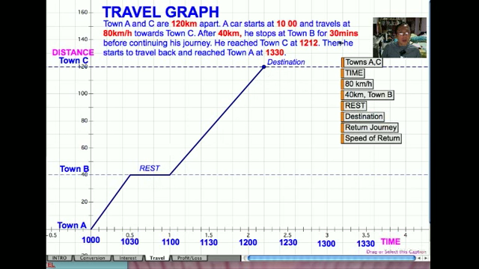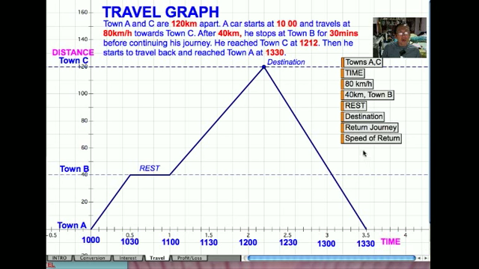and then he starts to travel back to reach town A at 1:30. This is represented by a line going in the opposite direction from town C to town A, reaching at 1:30.